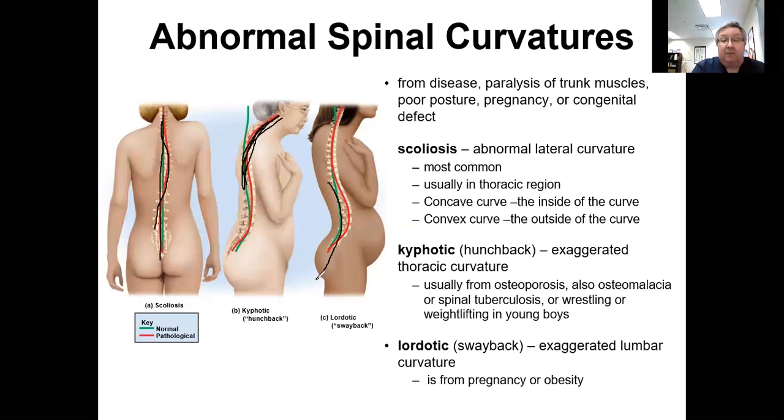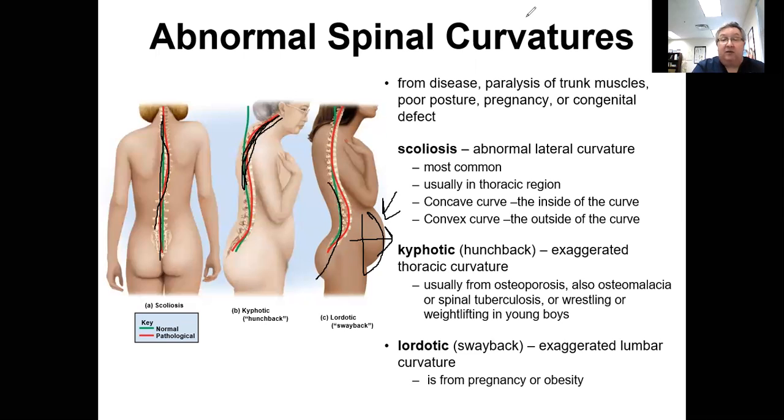But as you can see here, here's a woman who's pregnant who has a great deal of weight on the anterior side. What's happening is, because all that weight is on the anterior, it's pulling structures in the back inwards. Hence, we have a lordotic or inward curve.